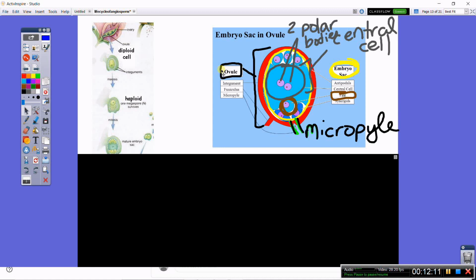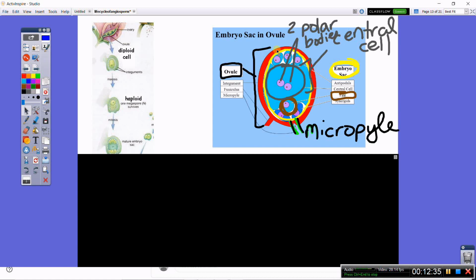All right. What I did here was I outlined this inner layer in yellow, and that's your embryo sac. And so you should be thinking, okay, embryo sac, embryo sac. Where did I hear that? Remember that the embryo sac is the female gametophyte. So it is that yellow thing that is outlined here.